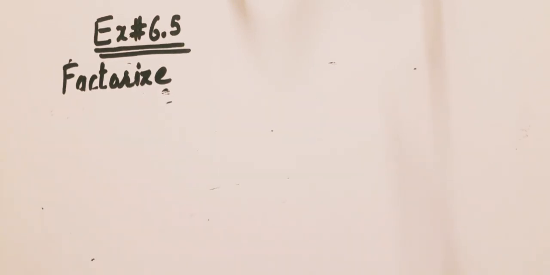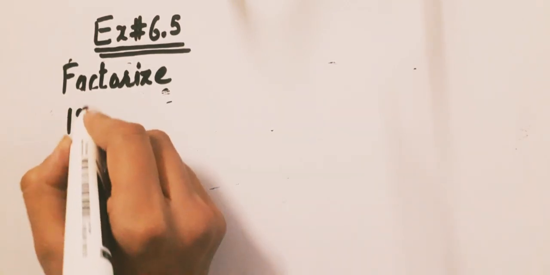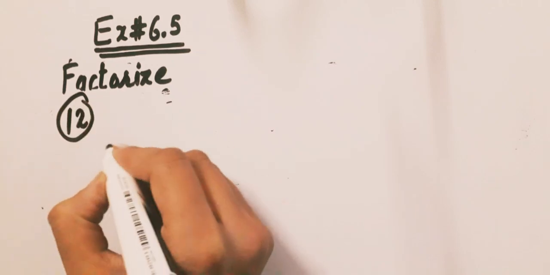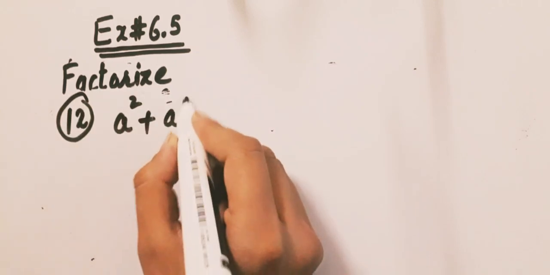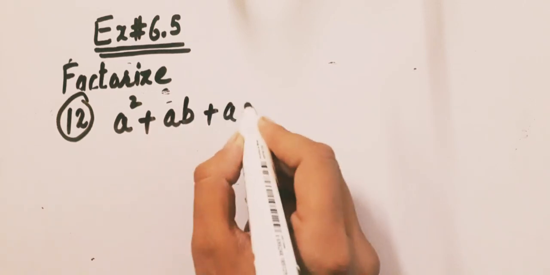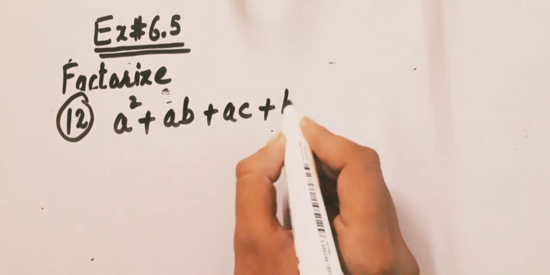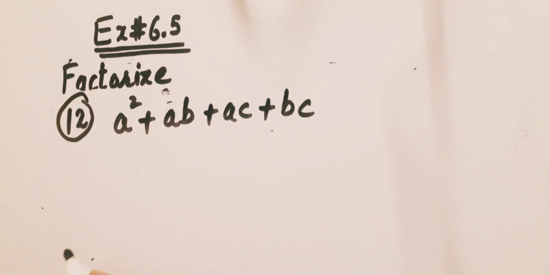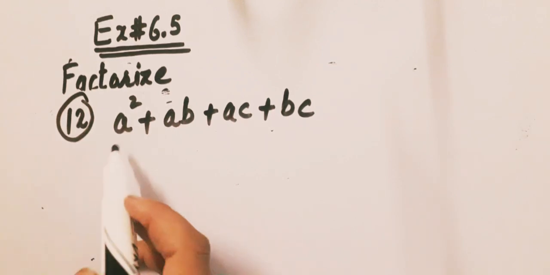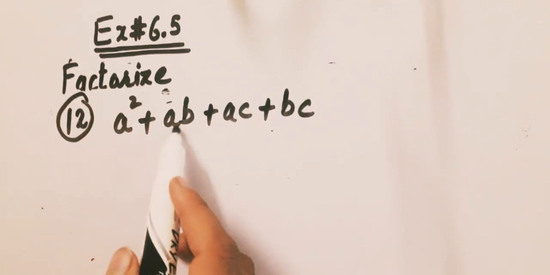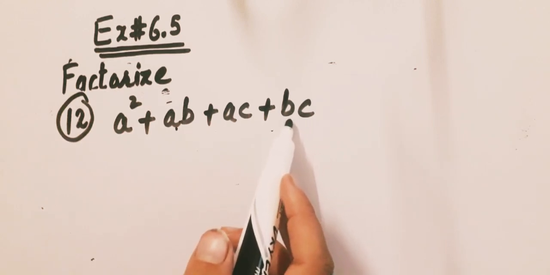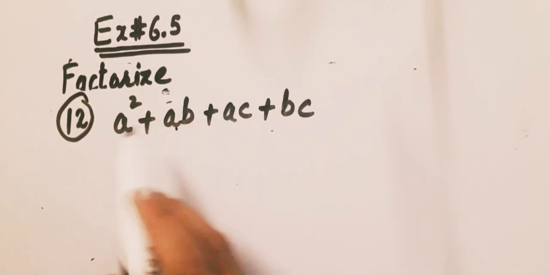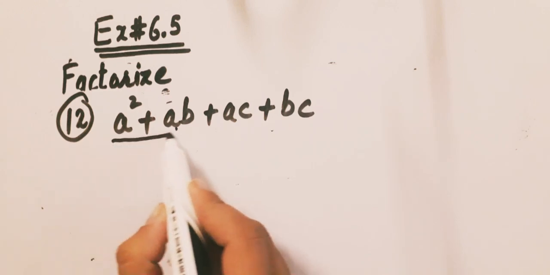Now we will solve part 12. a square plus ab plus ac plus bc. Now we take that a square, a, and a is not present in this term. So we cannot take any number as common, we will make pairs.